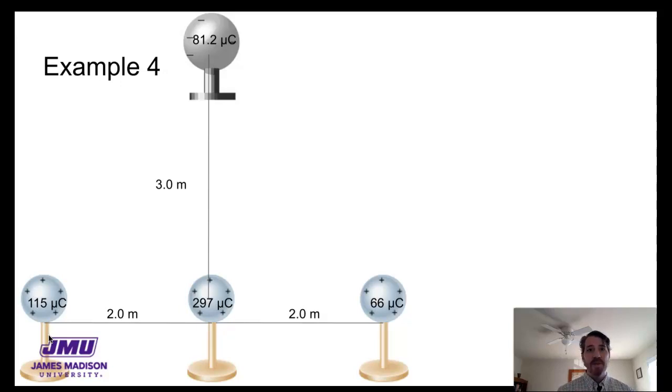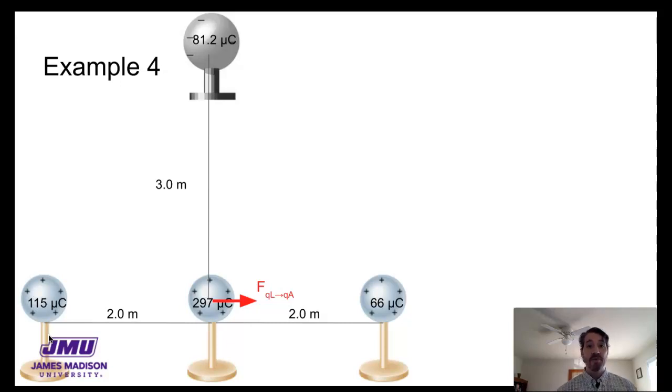So the first thing I want to do is establish that I'm going to call the horizontal direction my x, and I'm going to call my vertical direction the y. The first force I want to establish that is happening to sphere A is that it's getting repelled because it is positive and the charge on its left is positive.